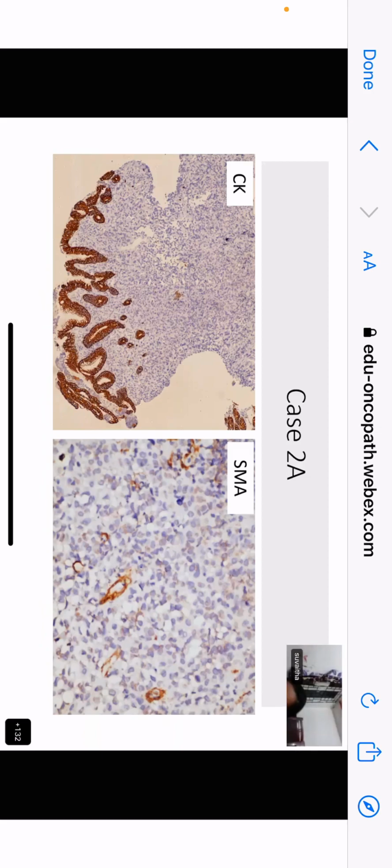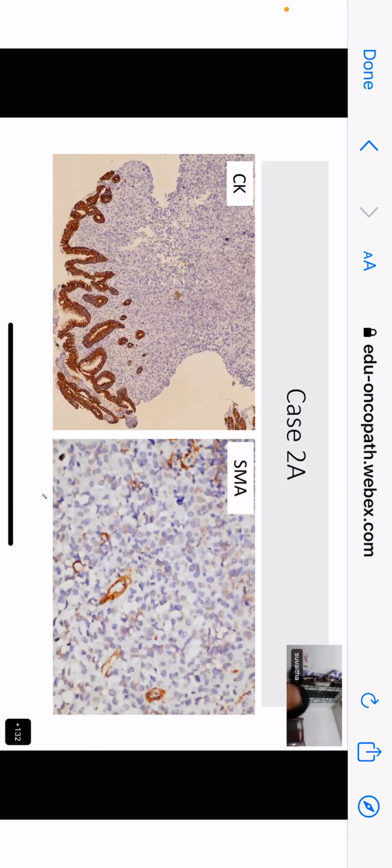Would you like to show me where it is positive? Just ask for annotation. Yes.